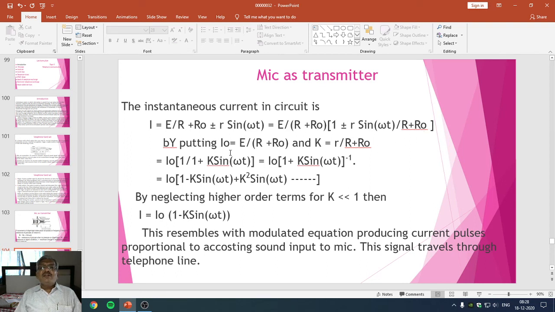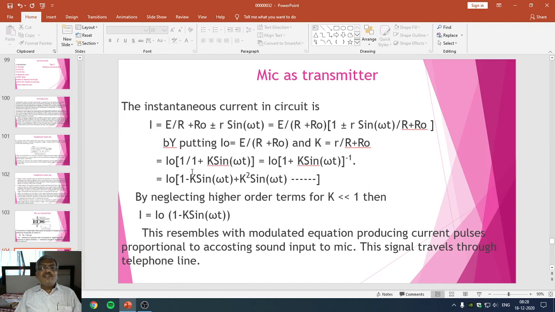By putting E upon R plus R0 equal to I0, and small r upon R plus R0 equal to capital K, we get I equal to I0 into bracket 1 upon 1 plus K sine of omega t, where K is equal to small r upon R plus R0 and I0 is E upon R plus R0.